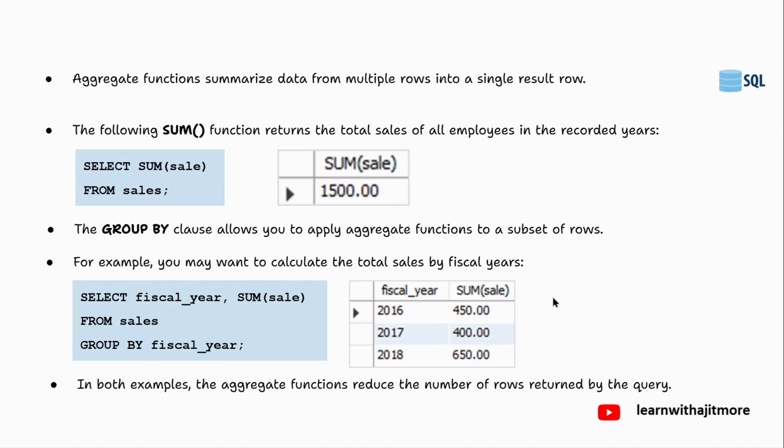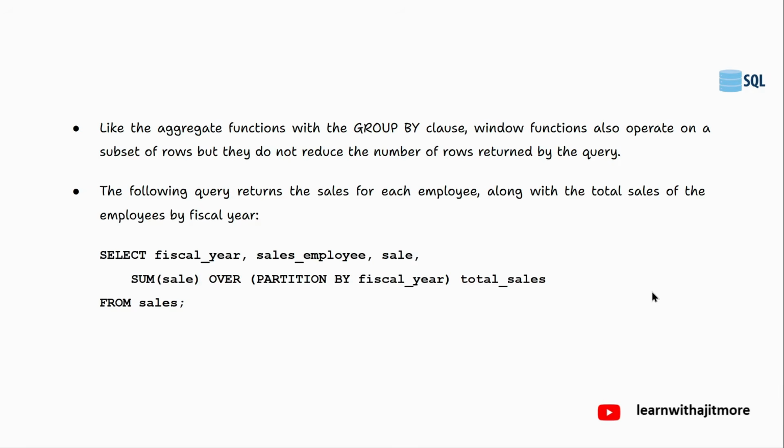But now, are we going to see only 1 year and the total sale of that year, or all the records in that year? Means Alice 2016, Bob 2016, John 2016. So as many records are there in that year, those records are also visible in the output.